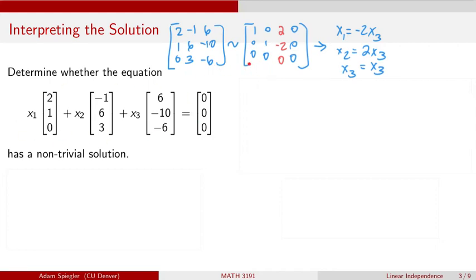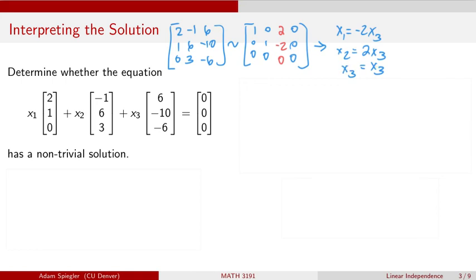On the previous slide, we took the augmented matrix for this vector equation and found its reduced row echelon form. There was a free variable corresponding to x3, since the third column does not have a pivot. From this reduced row echelon form, we get the solution set: x1 equals, when I bring this to the other side, -2 times x3, and this row tells me that x2 equals 2 times x3, where x3 is a free variable.